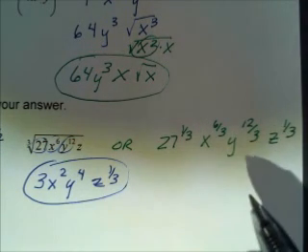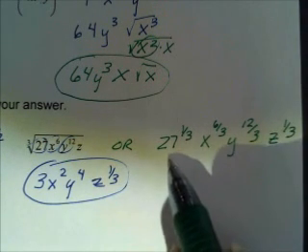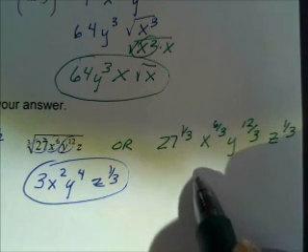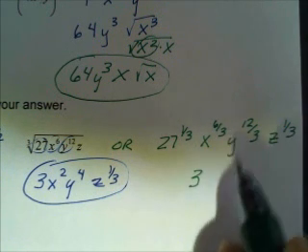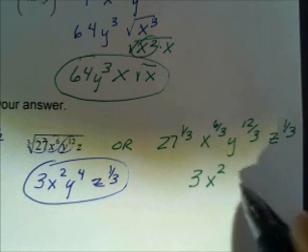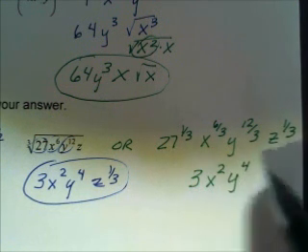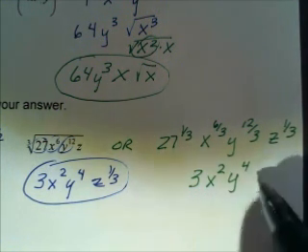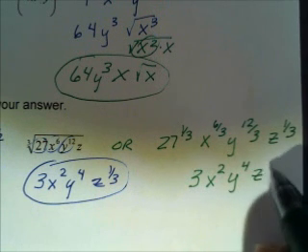Right. And now simplify. The cube root of 27 is 3. 6 divided by 3 is 2. 12 divided by 3 is 4. And 1 divided by 3 we leave.